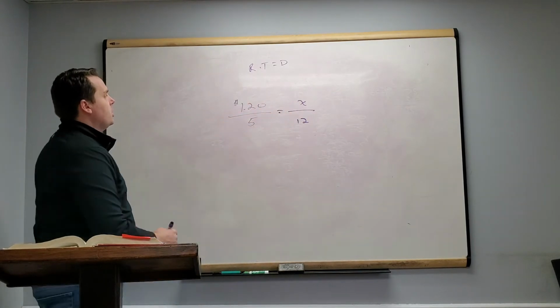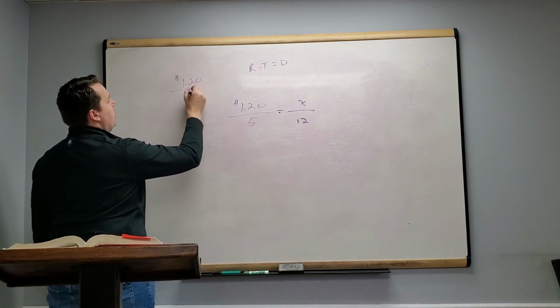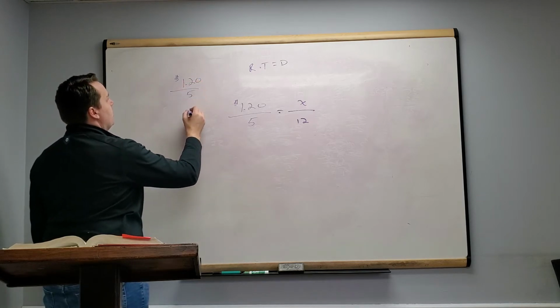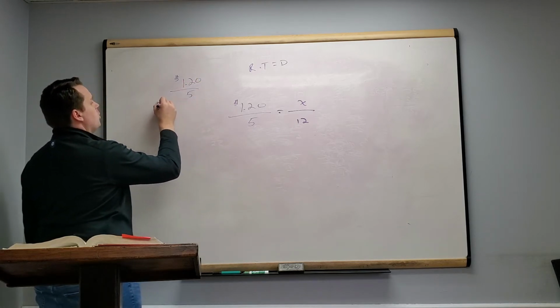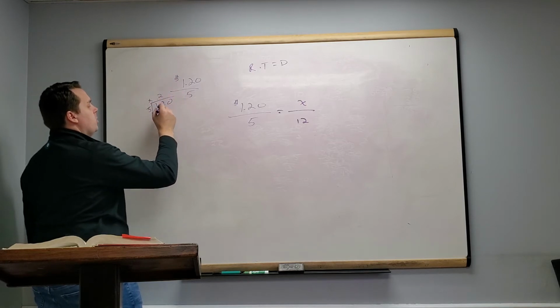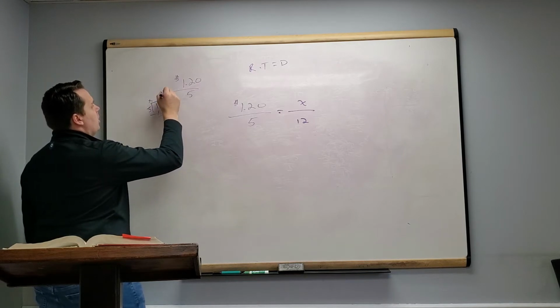Another way you could do this is you could start off by simplifying or reducing. $1.20 divided by 5. 5 goes into 12 2 times. Let's just do it over here. 5 goes into 12 2 times behind the decimal. That's 10, drop down the 2, and 5 goes into 20 4 times.